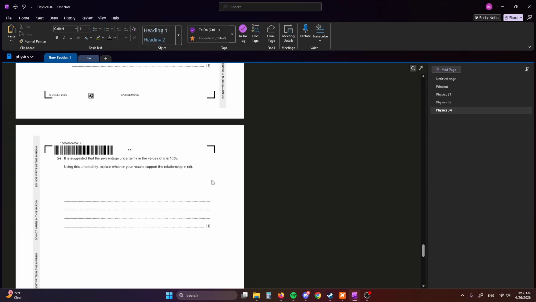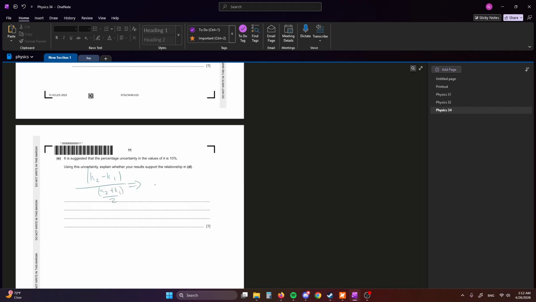That's the thing. And then it's suggested that the percentage uncertainty in the values of K is 10. Using this uncertainty, explain what your results show. Okay, so in this area, you use this formula here: K2 minus K1 divided by the average here.